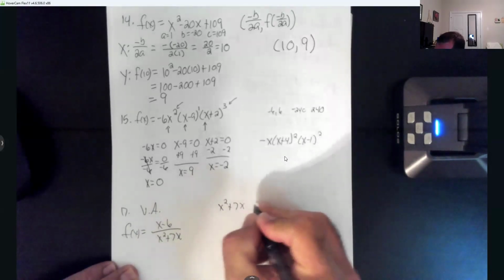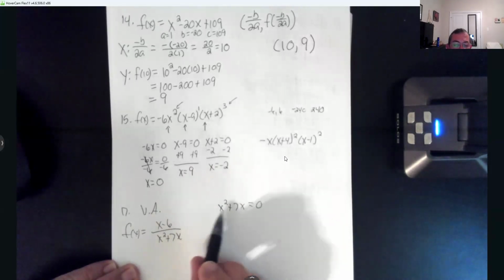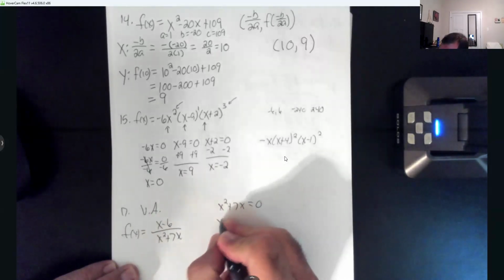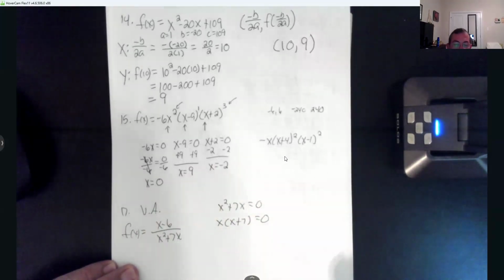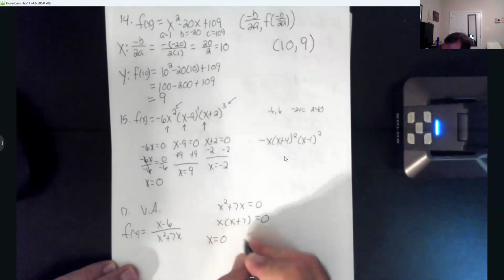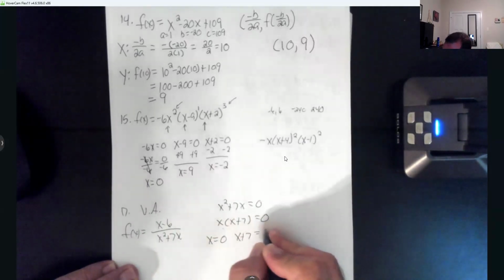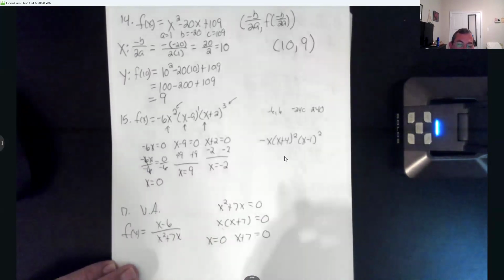So you take that x squared plus 7x, set it equal to 0. And this is another one where you had to factor out an x, and then you got an x plus 7. And y'all, here you go. Set both these equal to 0. Just got to remember, when they're in factored form, those signs are opposite than what we need, okay?